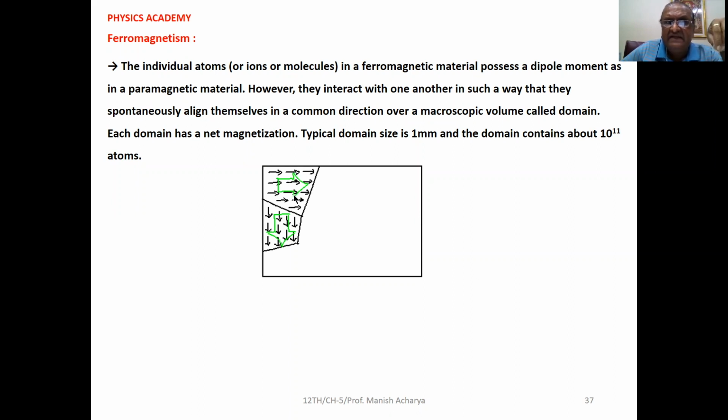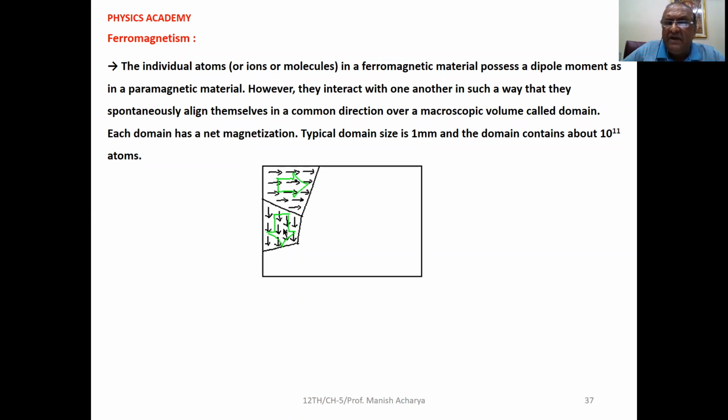We can say these dipoles interact with each other, and in this small region, this particular number of dipoles are aligned in a particular direction. So if we take the vector summation of all these, then the resultant magnetic moment of this domain can be represented by this green arrow, as shown in the figure.